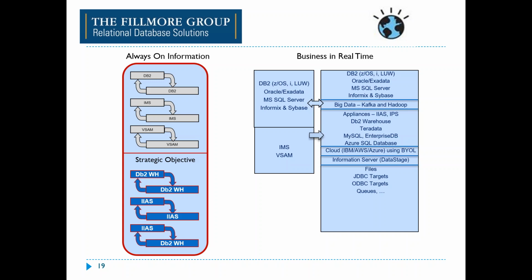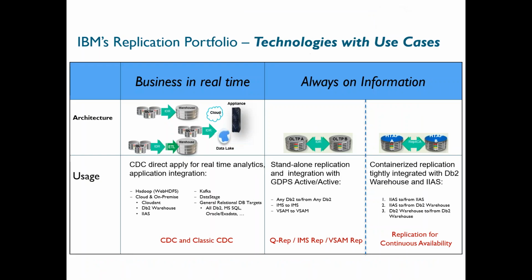On the right-hand side, we see more of the business in real time, where I want to take data from a primary transaction processing system as it exists today and move it into some other repository for analytics. And just some more detail on this in the way that they work.